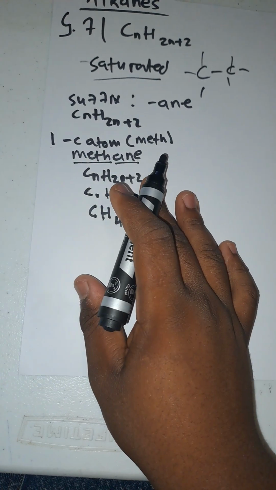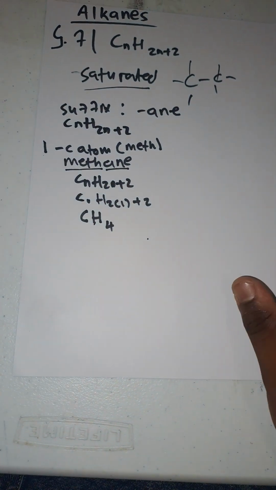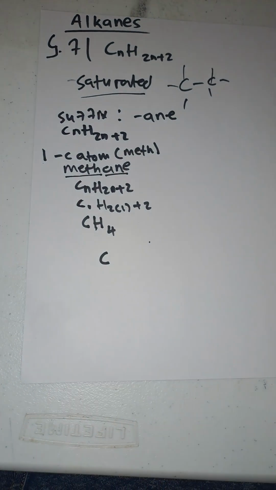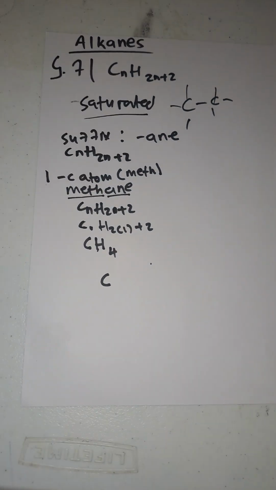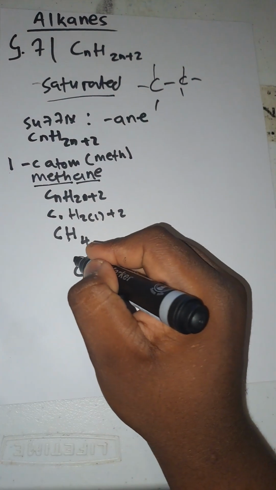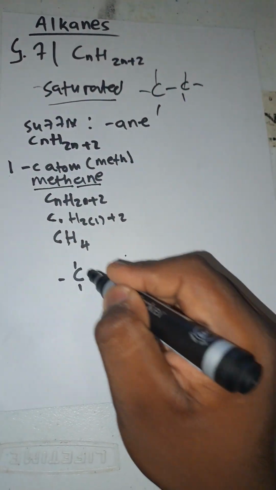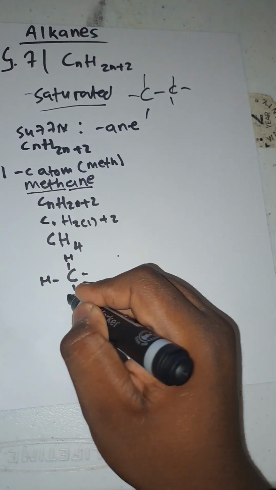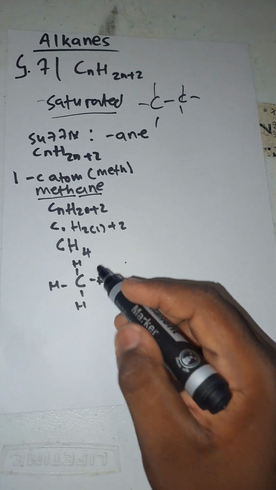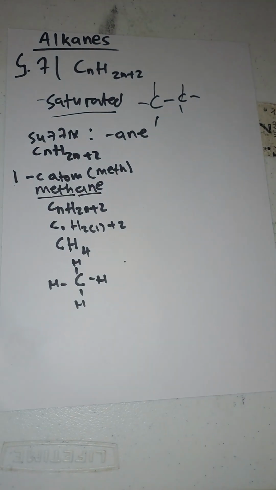So now let's come up with our structural formula. It is going to be 1 carbon atom. But what did I say? Carbon is always surrounded by 4 bonds. So meaning that I'll have 1, 2, 3, 4, whereby I will have my H. How many H's do I have? 1, 2, 3, 4.